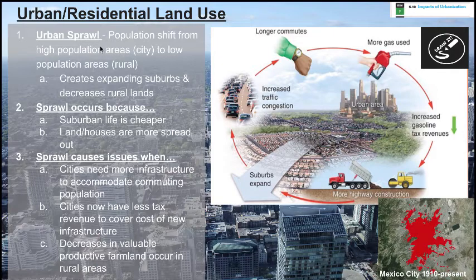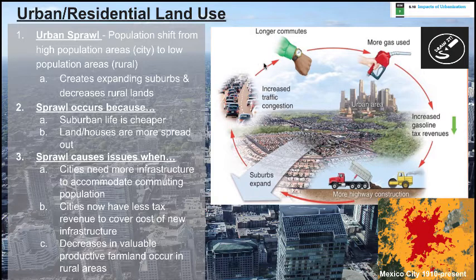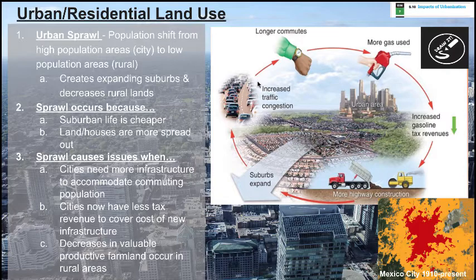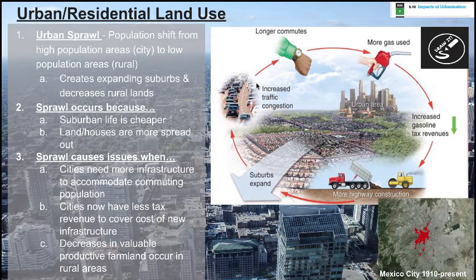So why is there an increasing demand and resources in urban and residential land use? It has to do with a population shift that's really occurring as a trend and has been occurring as a trend for a while in the United States, as this urban-suburban sprawl. Essentially, the population's shifting away from these high-density city centers to expanding suburban areas.